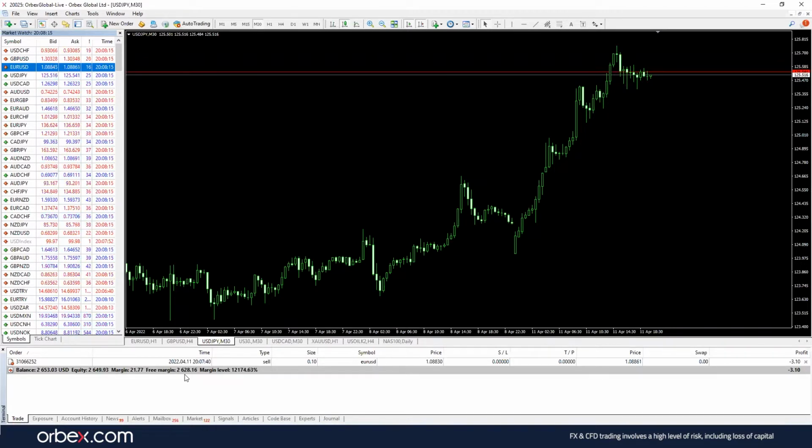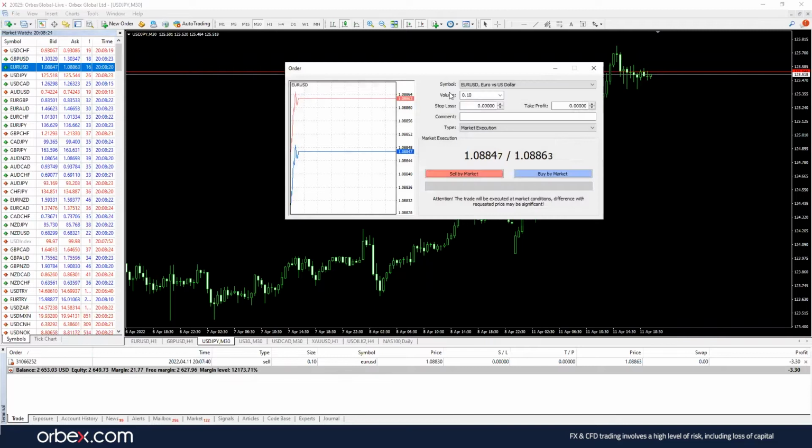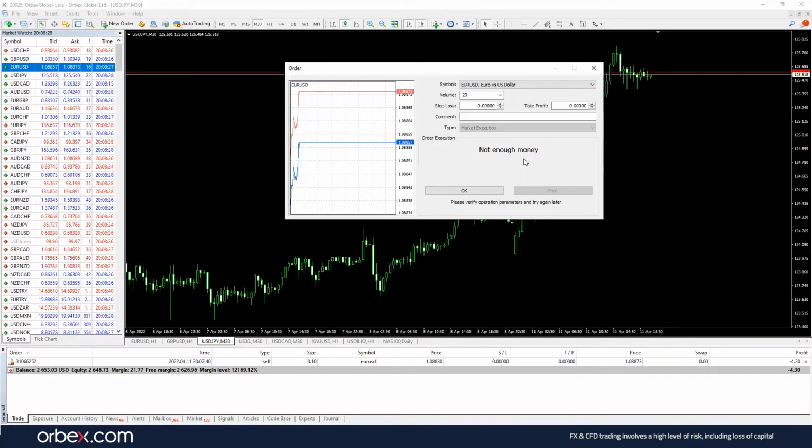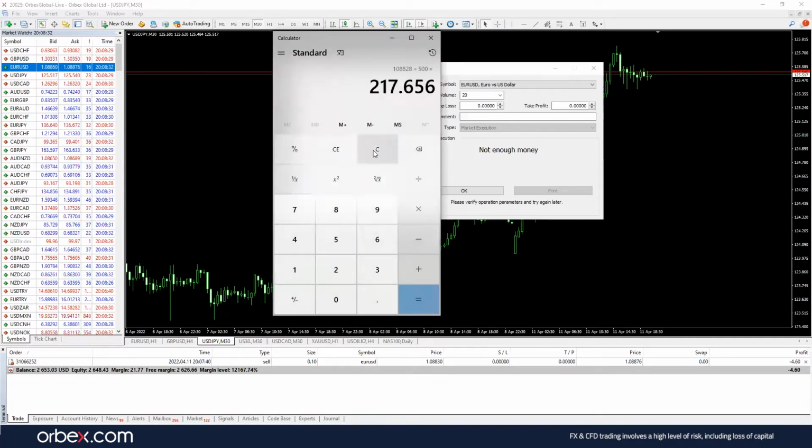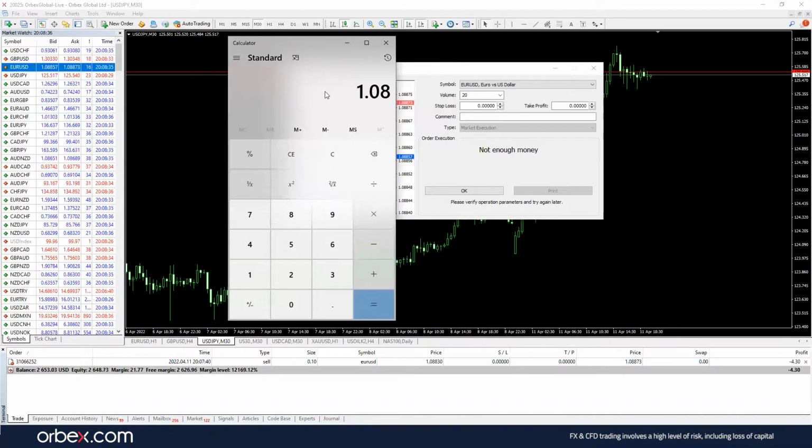If we don't have enough funds, we've got $21 out of the equity, which is fine. However, if we want to open a bigger lot size, let's say 10 lots, or let's go 20 lots, why not? I do not have enough funds, and let's see why. What was the 1.0830? I'm going to multiply that by 20 lots of notional value.